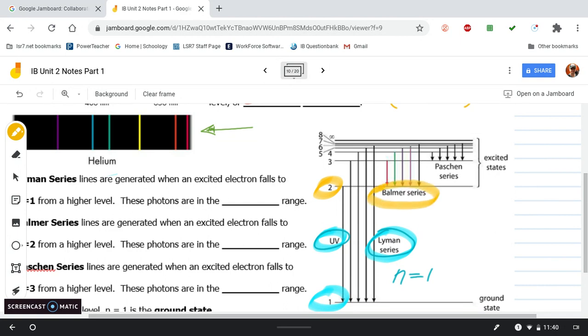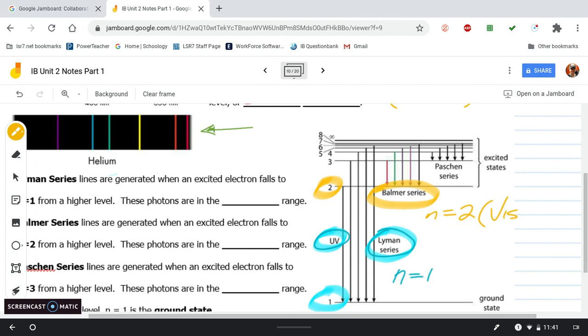Second option, end up in n equals 2. That is the Balmer series, and you can see the colors, right? Red and green, etc. That's visible. It means we can see that. So if we end up in n equals 2, then that's going to be visible light. This is actually what you see when you see things giving off light, like a fluorescent light.